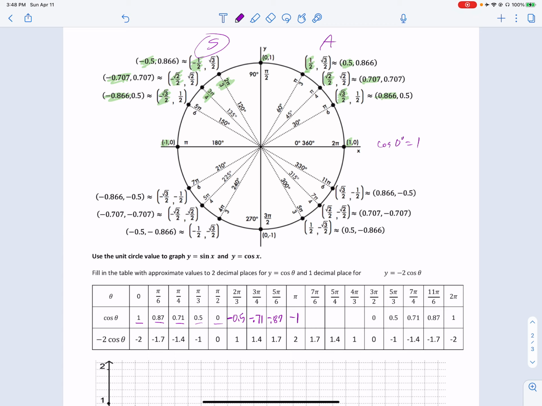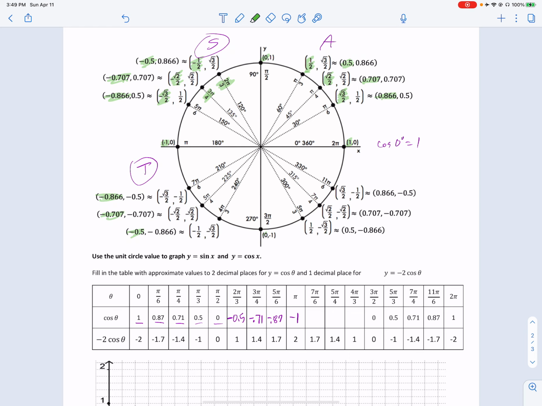Continuing in quadrant 3, I remember it's all students take calculus. Tangent is positive, therefore cotangent is positive in quadrant 3. That means cosine's still negative in quadrant 3. And it makes sense because of the x values. Cosine of 7 pi 6 is negative 0.86. Cosine of 5 pi fourths, negative 0.707. Cosine of 4 pi thirds, negative 1/2.